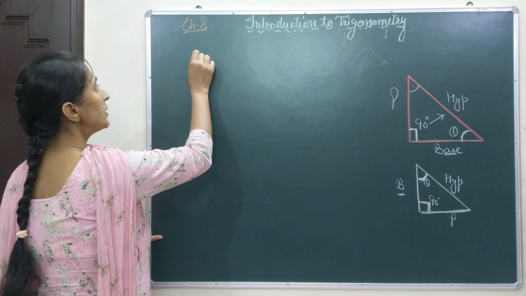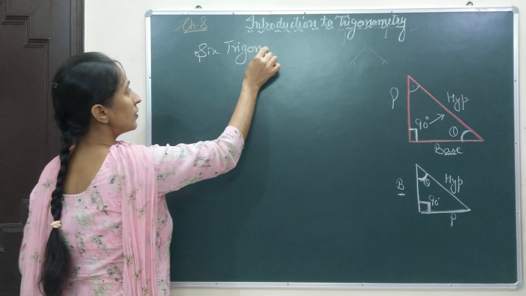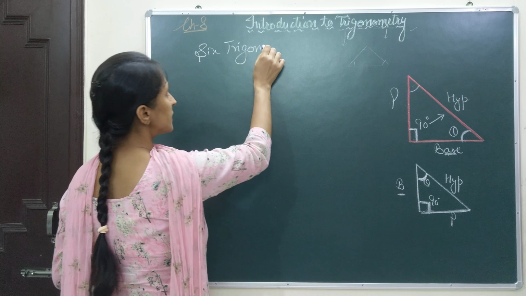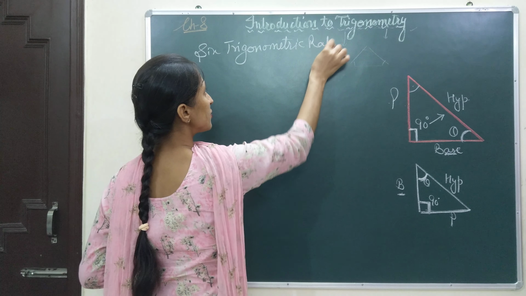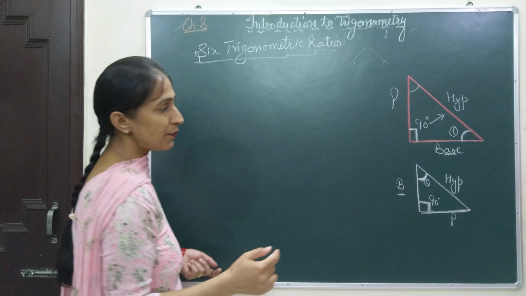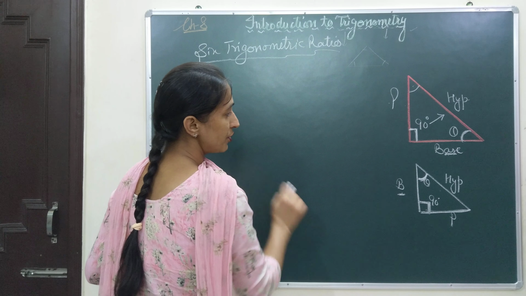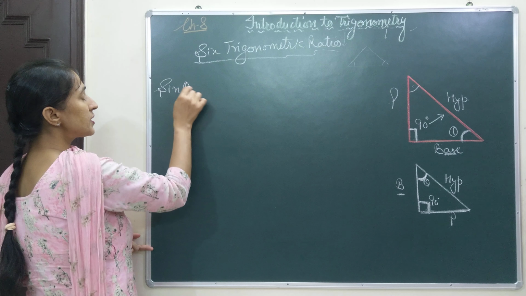Now we can find 6 trigonometric ratios by using these sides. We can find 6 ratios, but we will find just 3 and we will find the other 3 by reciprocating the given 3 ratios. Now how can we find the 3 basic ratios?